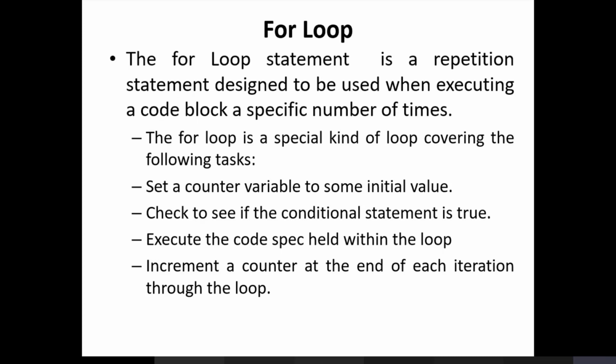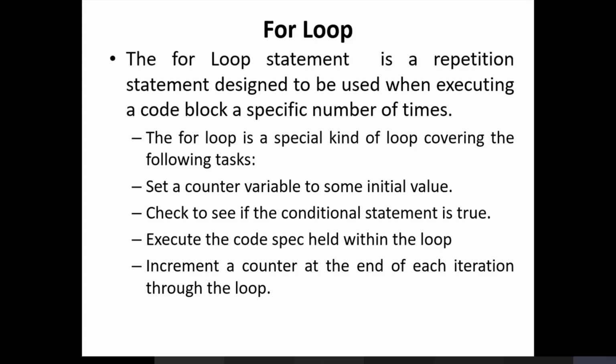The next is the for loop. A for loop is a repetition statement designed to be used when executing a code block a specified number of times. So the for loop is used when we want to execute any program a specified number of times. The for loop is a special kind of loop covering the following tasks.